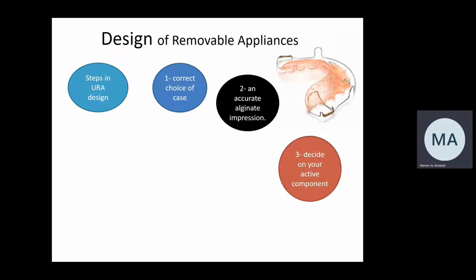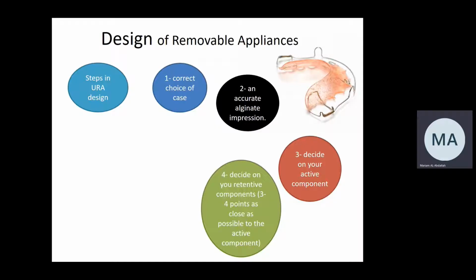So for example, I have a premolar in crossbite and I want to push this tooth across the occlusion buccally, then I choose T spring. For example, if I want to distalize the molars on one side, then I use expansion screw, and so on. So I have to know what you are aiming for, and then you choose your accurate active component.